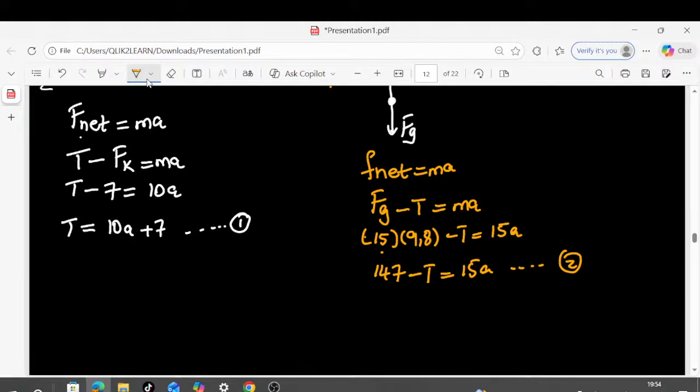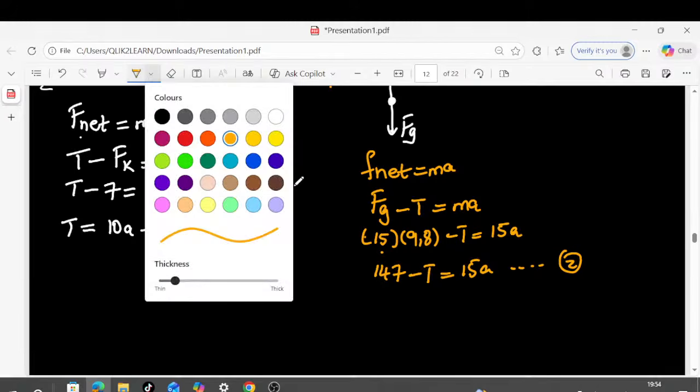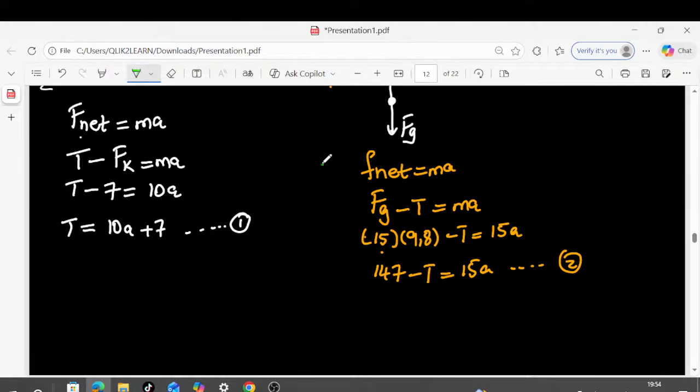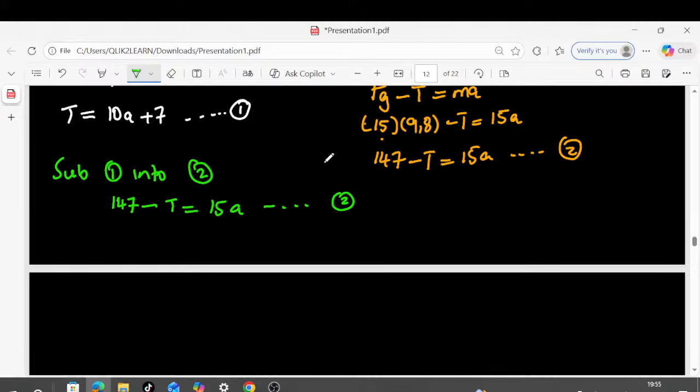So now look at this. We already know what our tension is, so we can sub equation 1 into equation 2. So now this will be 147 minus tension is equal to 15A. Remember, I don't want to make a mistake, so I'm going to start by rewriting my equation.